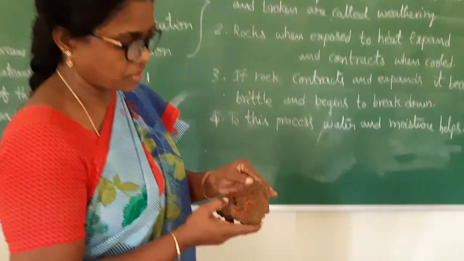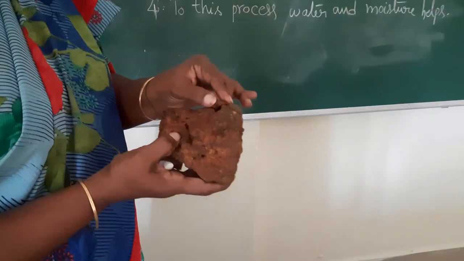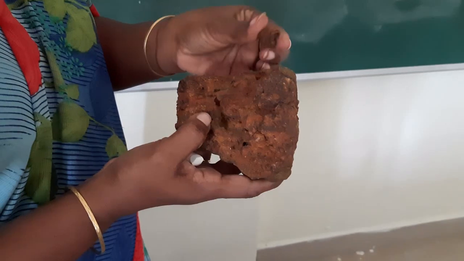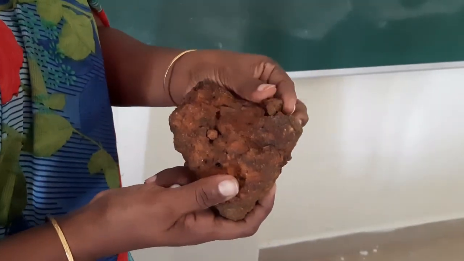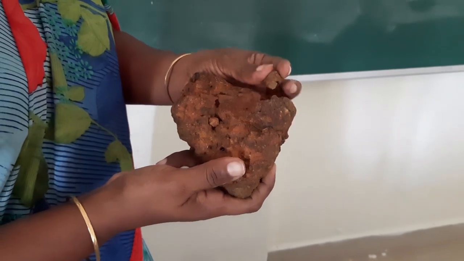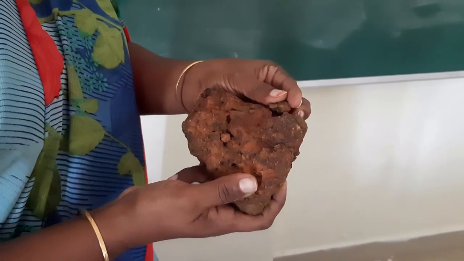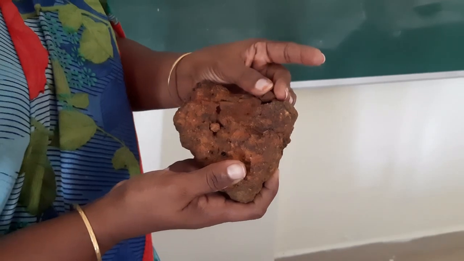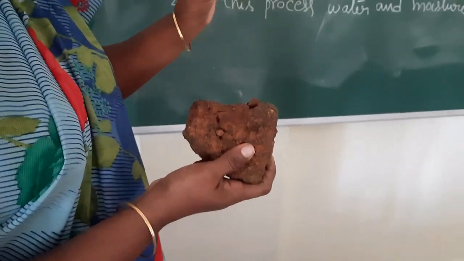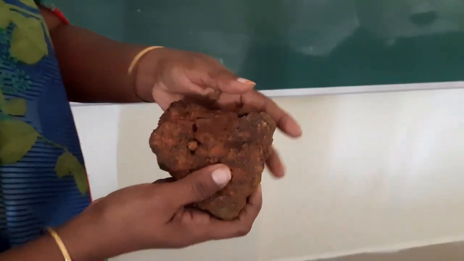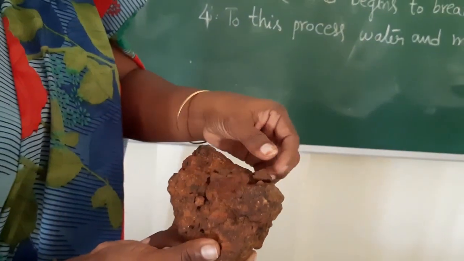Now see this small rock, children. This is a small rock, but once it was a big rock. Because of heat it expands, and because of coolness it contracts. So because of contraction and expansion, it became brittle like this.